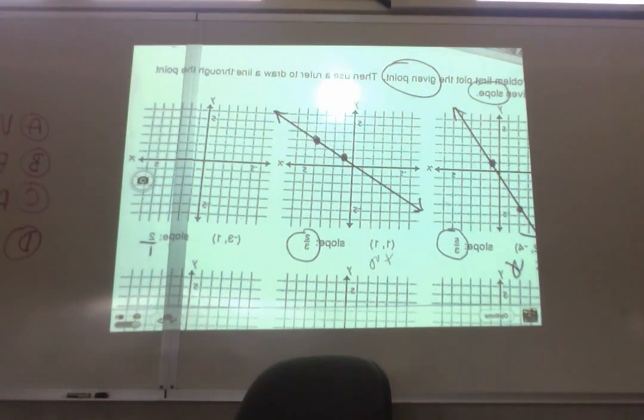And -3 is on the x-axis. Now do what you did. There you go.